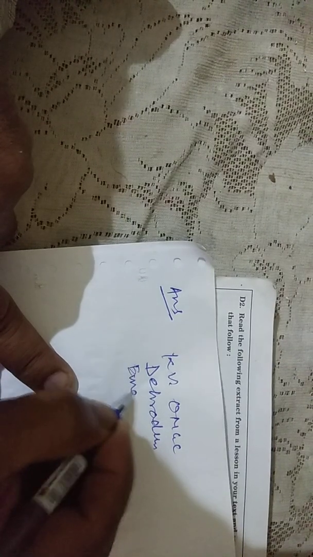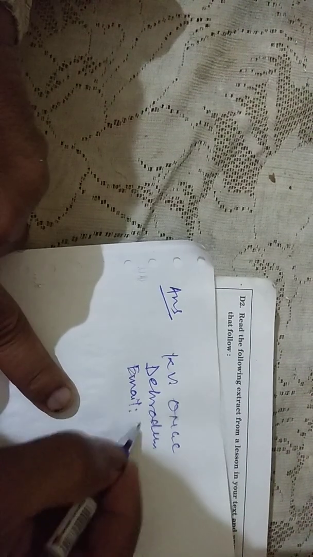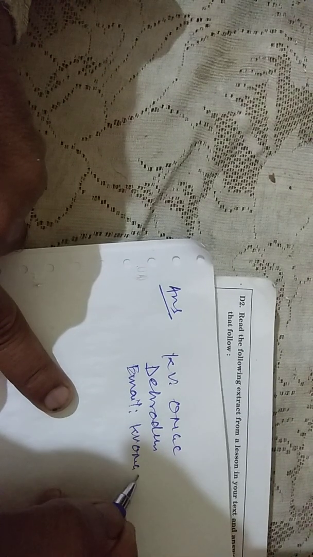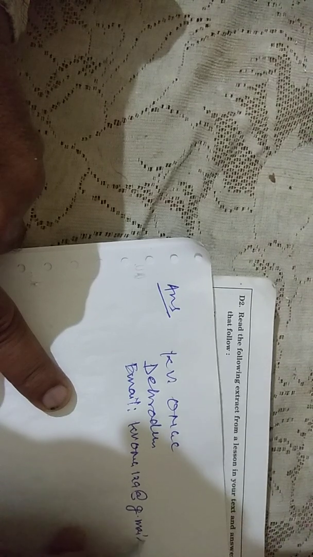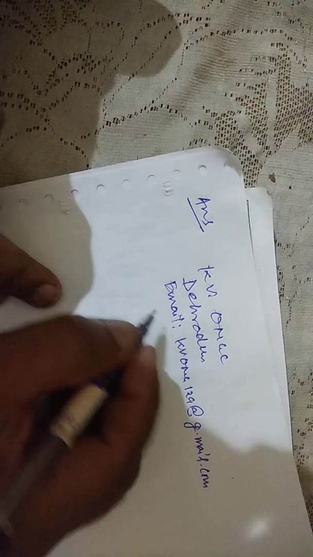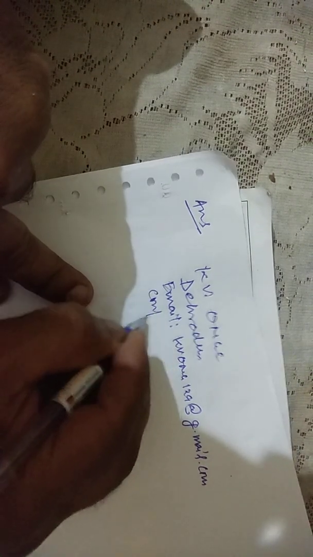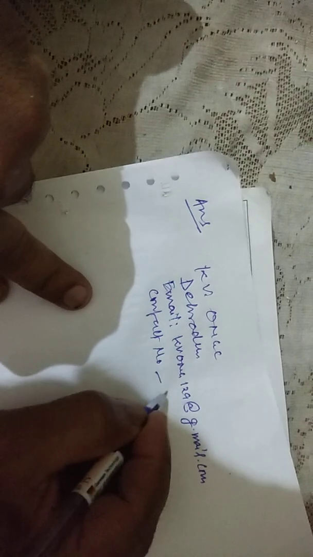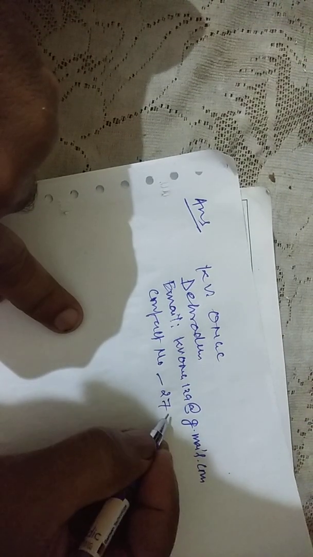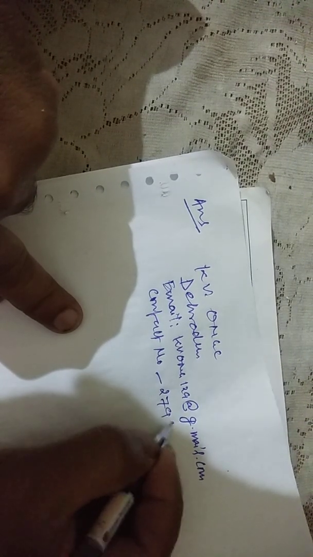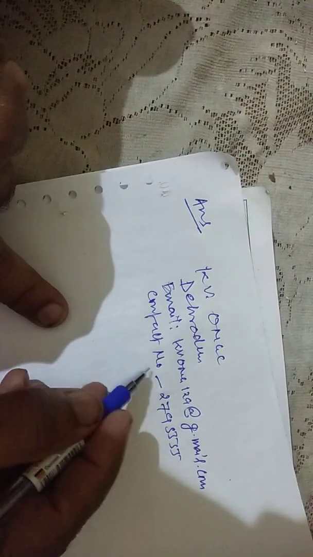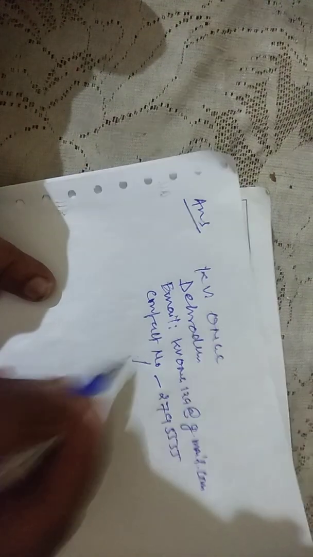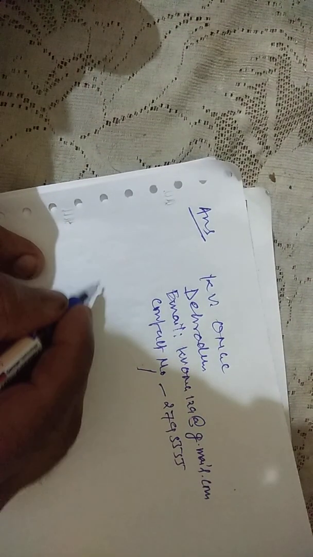Email: KBONGC123@gmail.com. Contact number. Again, you have to leave one line. Next, date.